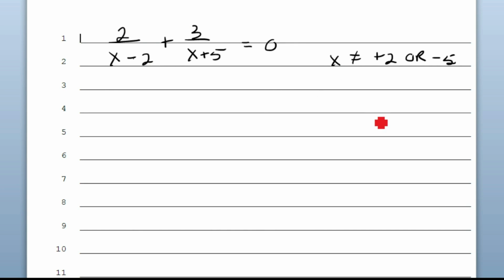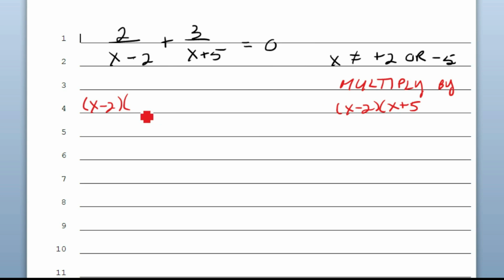So to get the variables out of the denominator, multiply both sides by x minus 2 times x plus 5. Multiply the right side by this, you'll get 0. So basically just got to watch the left-hand side.